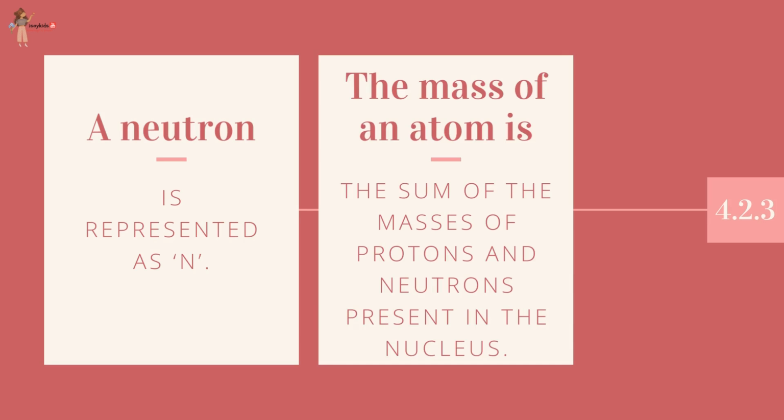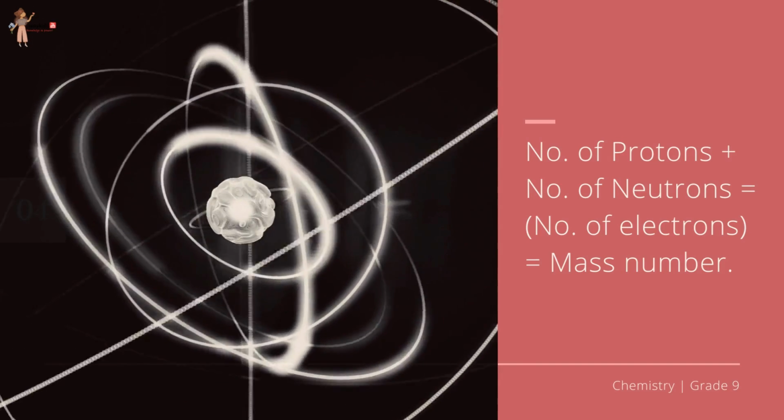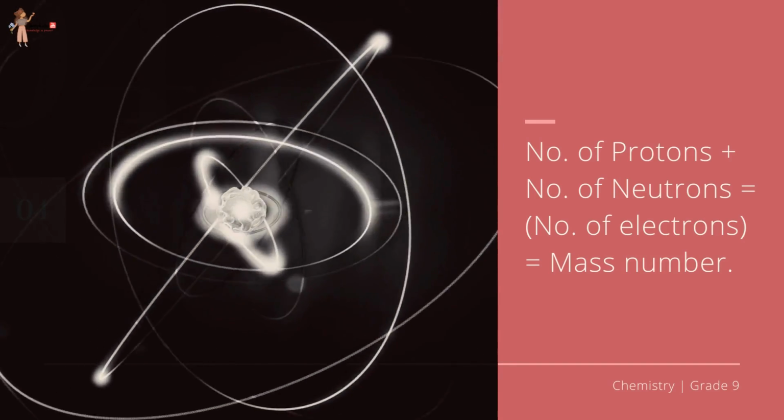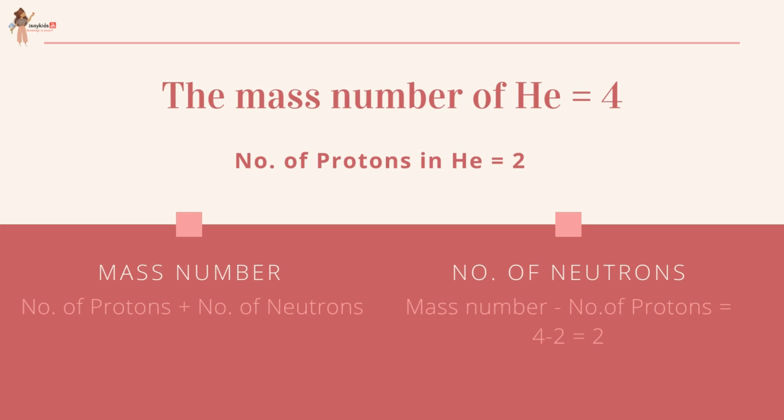The mass of an atom is therefore given by the sum of the masses of protons and neutrons present in the nucleus. Let's see an example. Helium atom has an atomic mass of 4 u and 2 protons in its nucleus. How many neutrons does it have? Number of protons plus number of neutrons gives us the mass number.